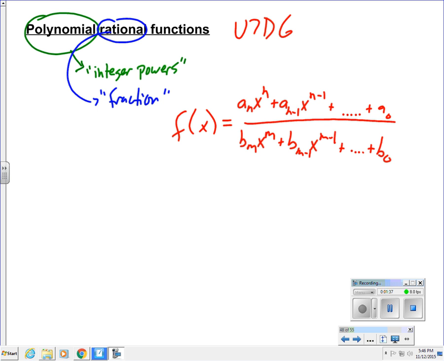So just a notation saying we have two polynomial functions and it's a quotient of those two, so rational function. So using this notation, we refer to the highest power on the top as n and the highest power on the bottom as m. And we're going to observe there's some different end behaviors that occur based on which one of those two is bigger or if they're the same.